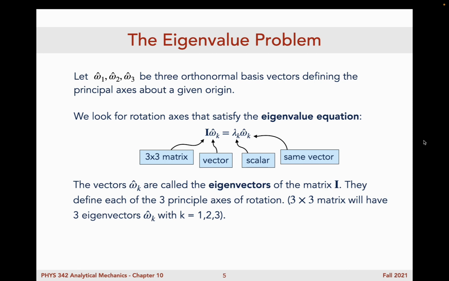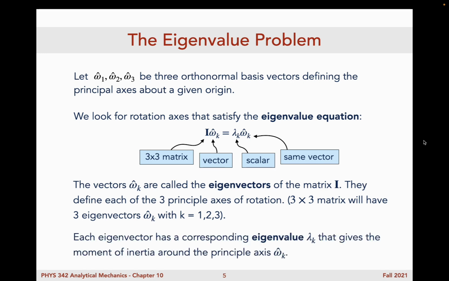Since our inertia tensor is a 3 by 3 matrix, we will have three eigenvalues associated with that matrix. Each eigenvector will have a corresponding eigenvalue.